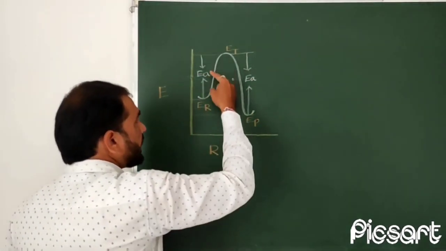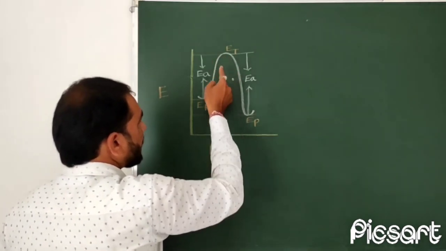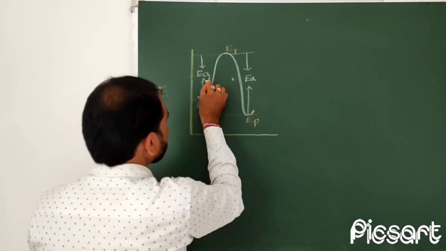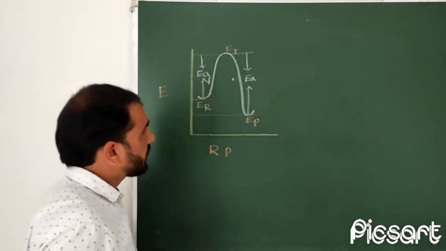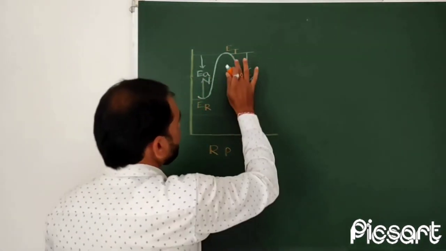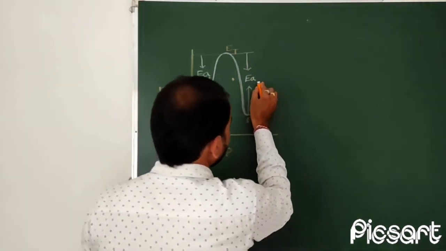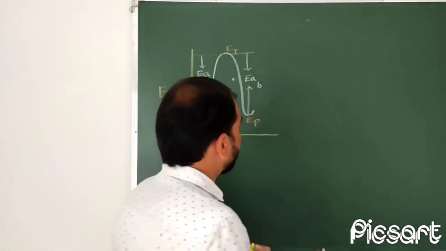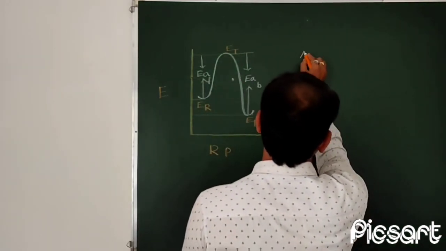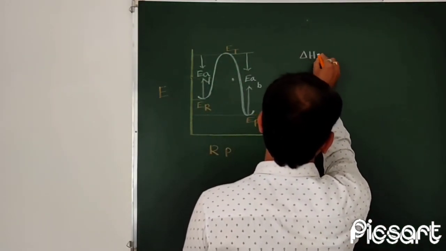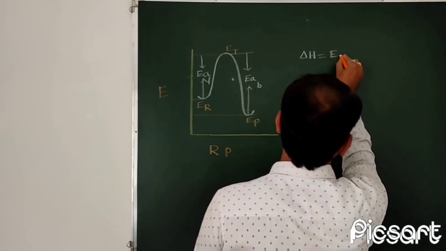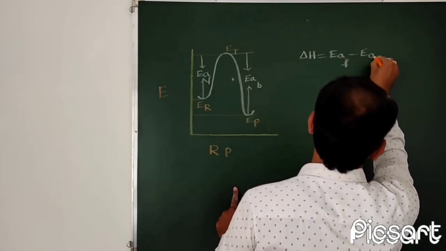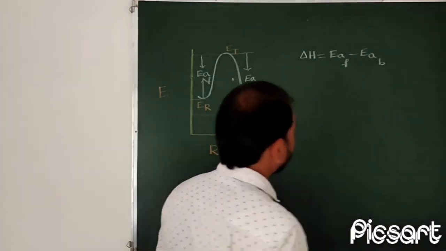The energy gap between total energy and reactant energy is called the forward step activation energy. The energy gap between total energy and product energy is called the backward step activation energy. Therefore, here reaction enthalpy is equal to activation energy of forward step minus activation energy of backward step.